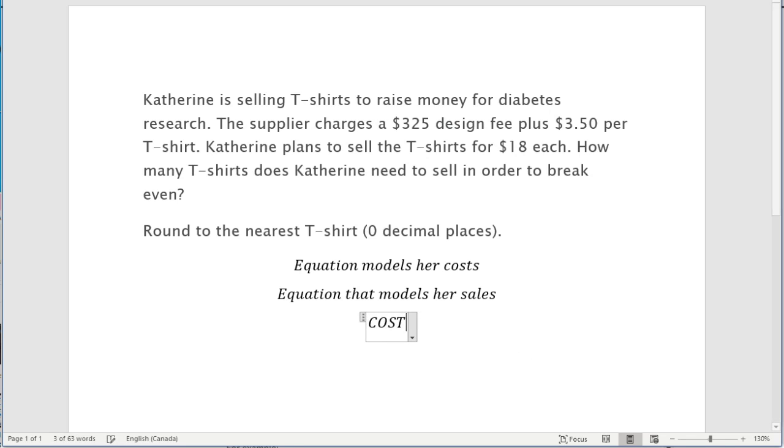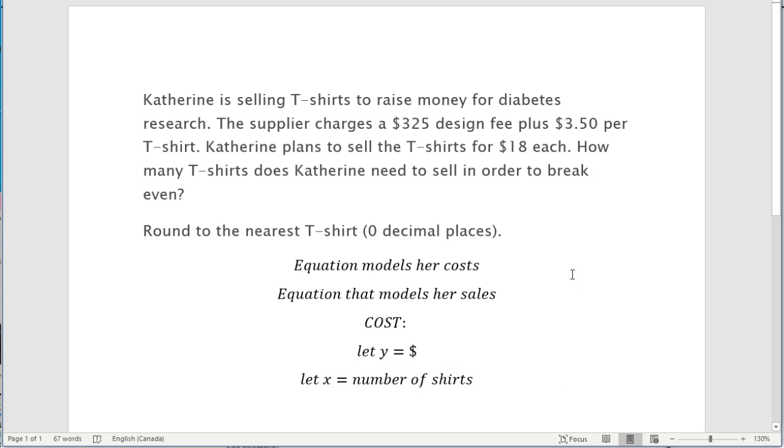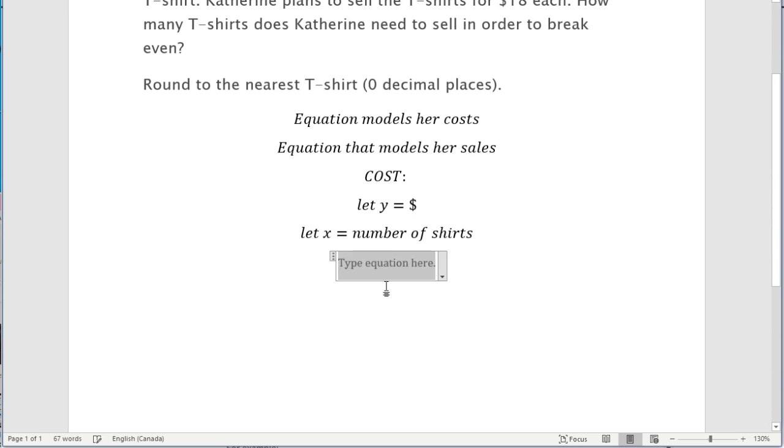Now, the cost equation for her, again, we're going to say let y equal the money and let x equal the number of shirts. Okay, and the sales is this. Oh, sorry. Let's finish what we were doing.